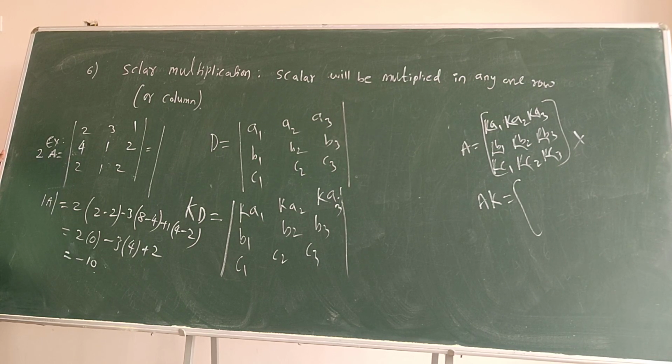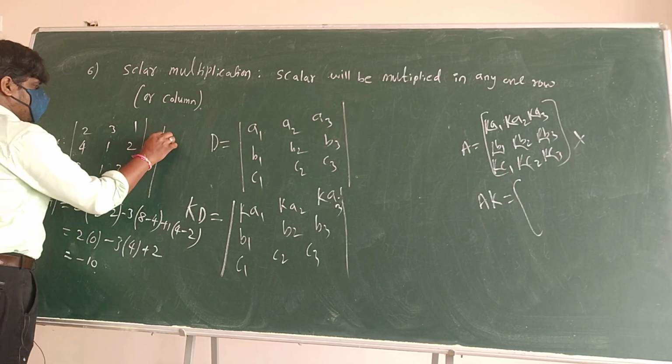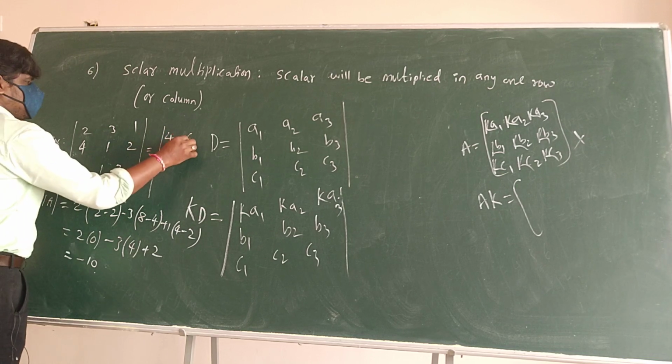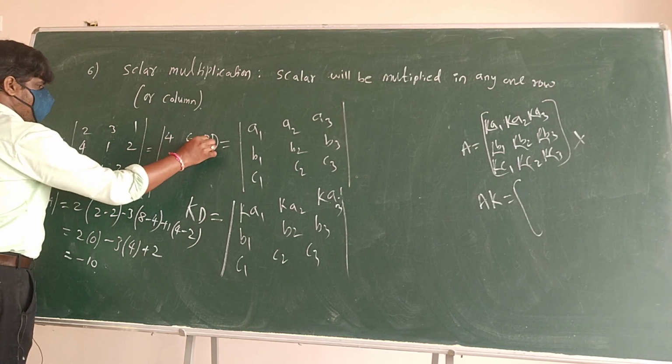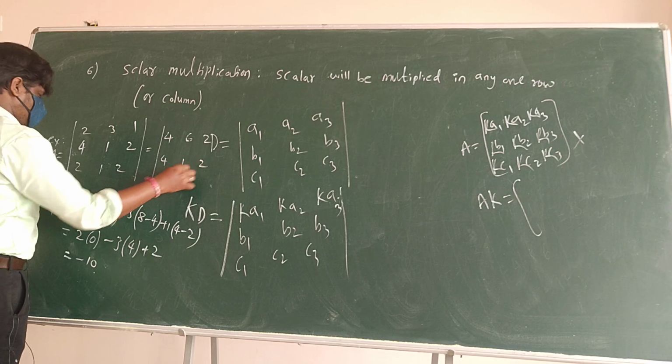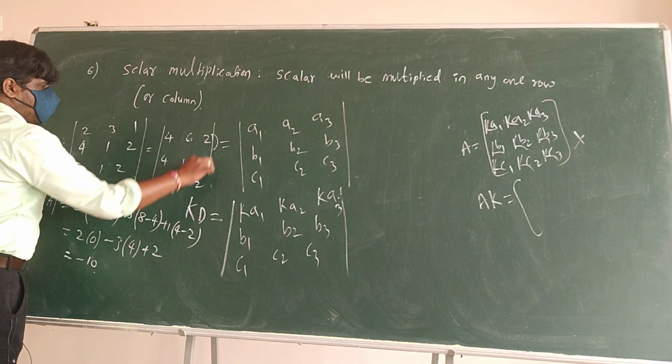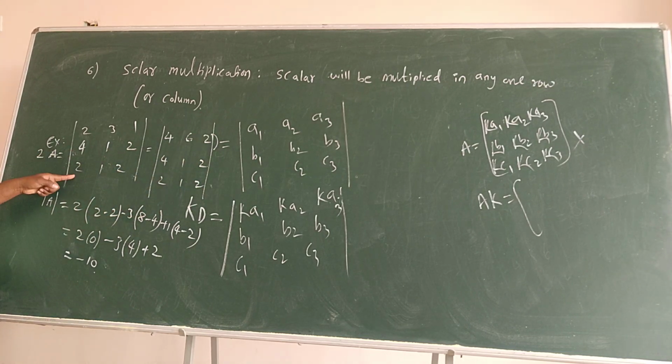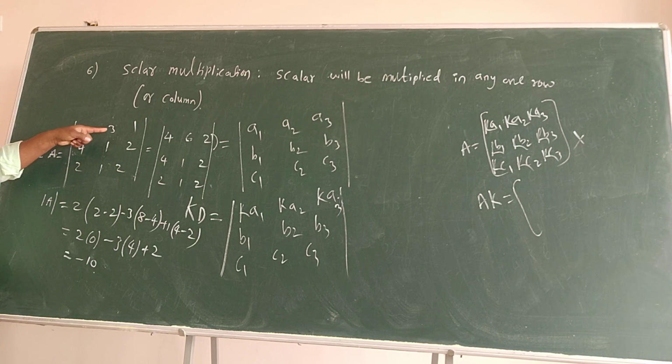You have to multiply any one row or column. That only will give the same result. All rows, all columns you should not multiply. So 2 2s are 4, 2 3s are 6, 2 1s are 2, and you can take 4 1 2, 2 1 2, meaning the other two rows I took same, only the first row I multiplied.